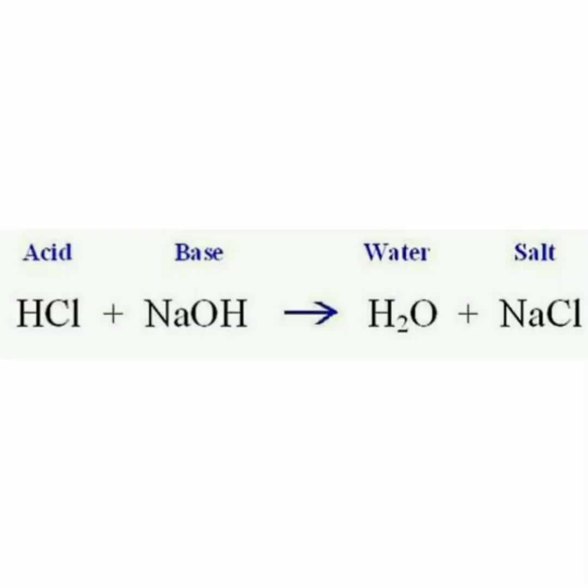So, when hydrochloric acid is added to sodium hydroxide, it gives water and sodium chloride, which is a salt, and the chemical equation can be written as shown on the screen.